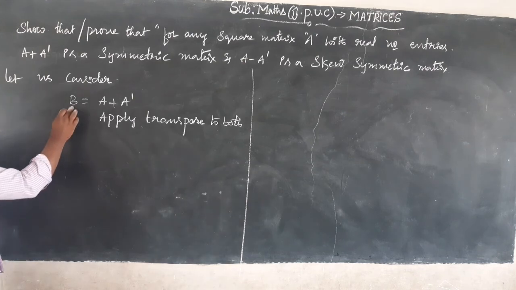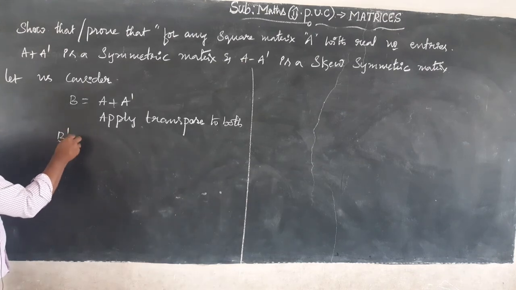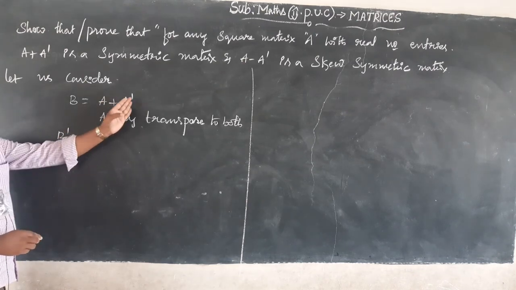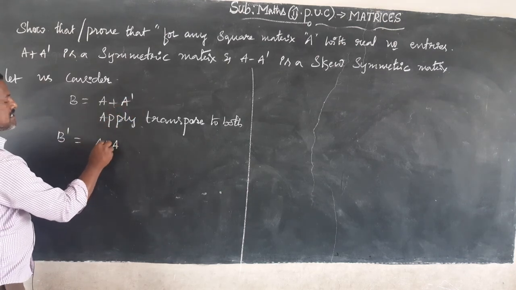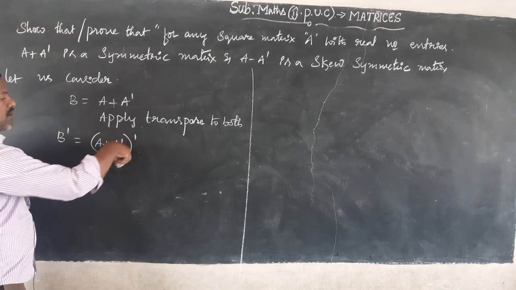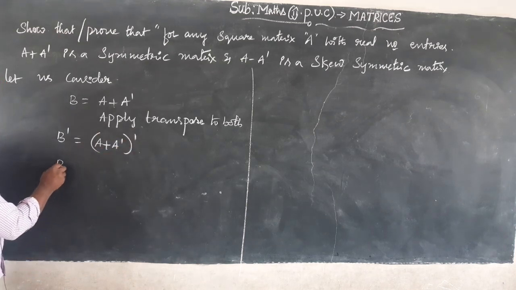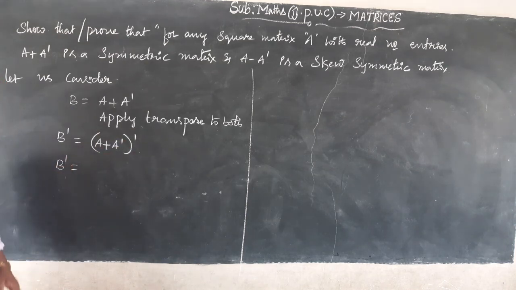So then what will happen? B transpose is B dash. A plus A dash transpose is A plus A dash whole dash. Next step, we should take B dash as it is, as we all know.